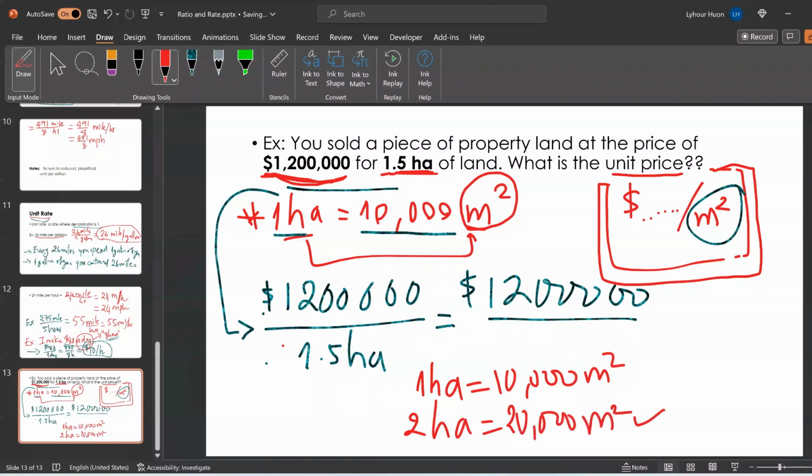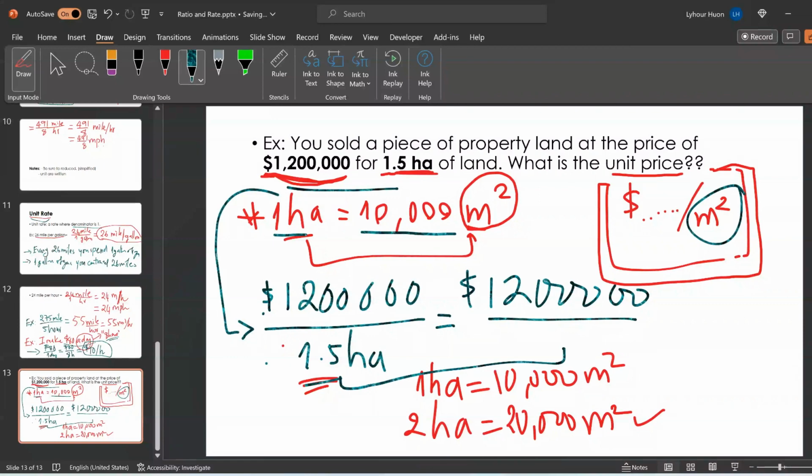How about 1.5 now? Come back. What is 1.5 hectare equal to? 15,000. It wasn't 3.5, we were dividing. Now it's just conversion to meter square.